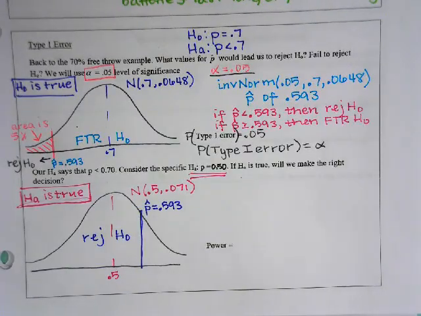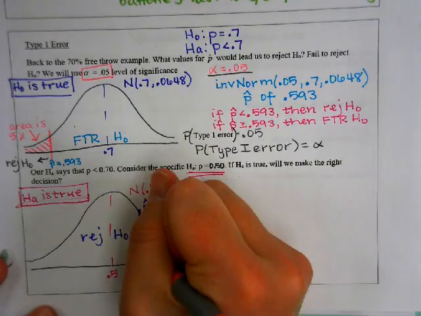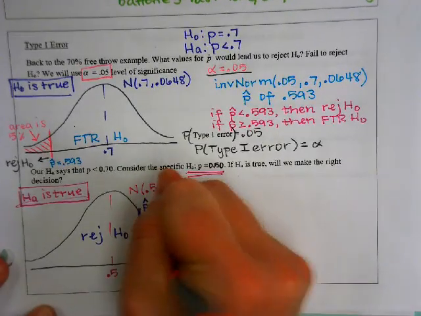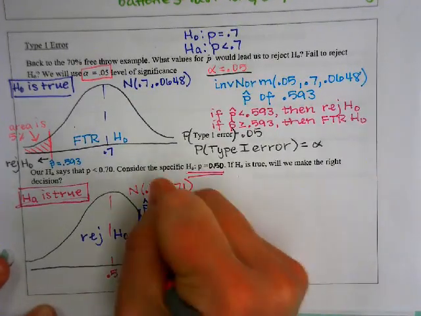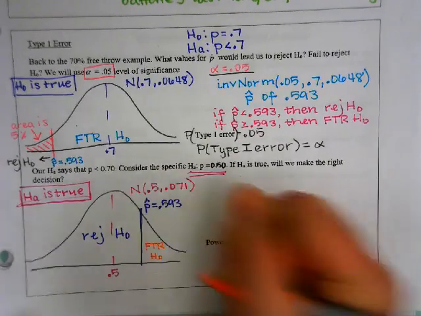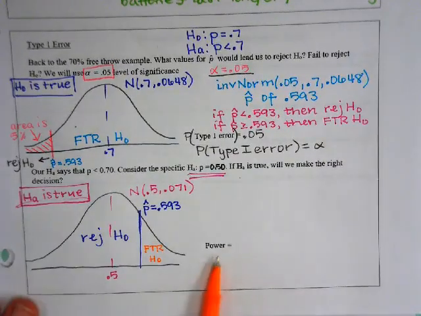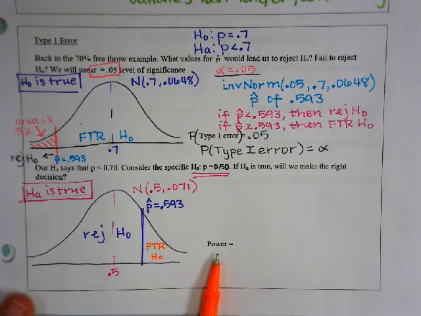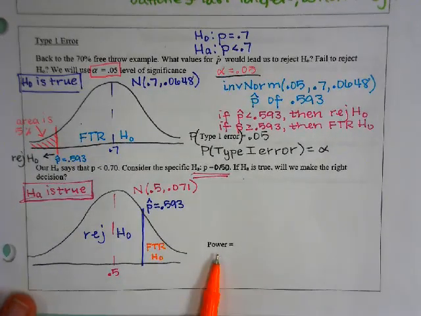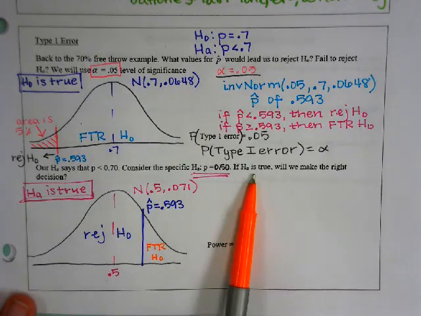Now, we're looking at figuring out the power of our test. So the alternative is true, and we correctly identify that. So if the alternative is true, do we want to reject or fail to reject the null? We want to reject. If the alternative is true, we want to reject the null.